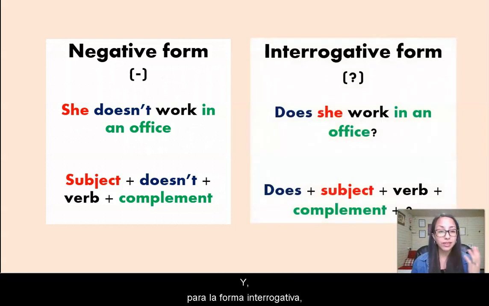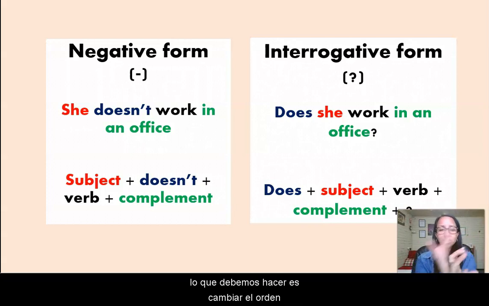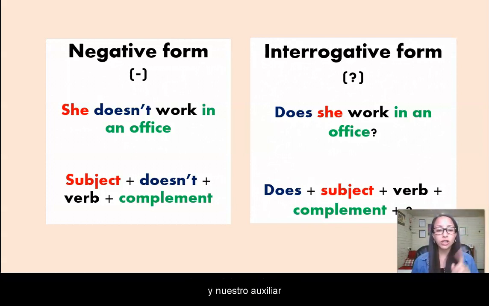And for the interrogative form, what we have to do is to change the order, and our auxiliary, does, will be at the beginning of the sentence. Does she work in an office?